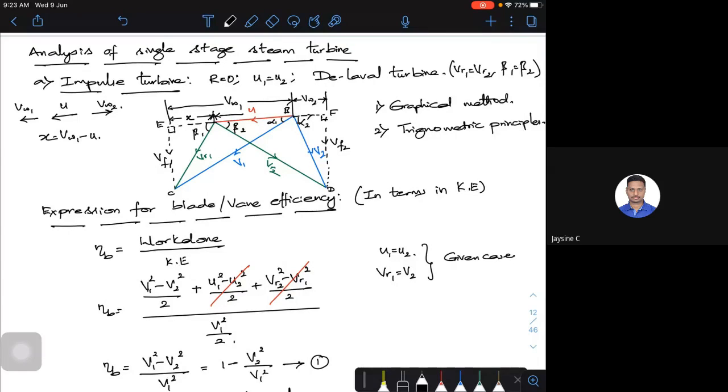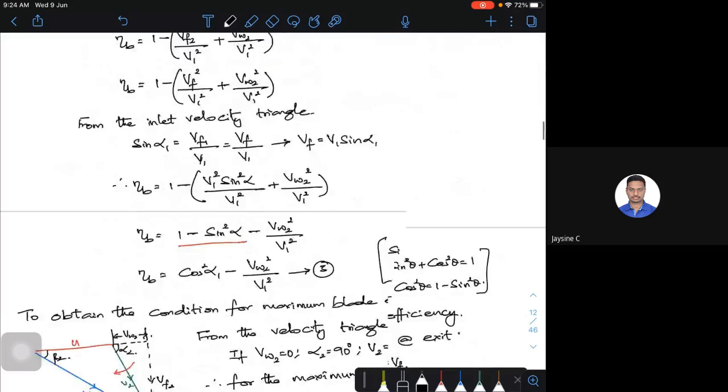Y is equal to VW2 plus U. Because I'm going to take the exit velocity triangle, since I want the angles in terms of betas, cos beta 2 will be equal to y divided by VR2, adjacent divided by hypotenuse. What is y? Y is equal to VW2 plus U.